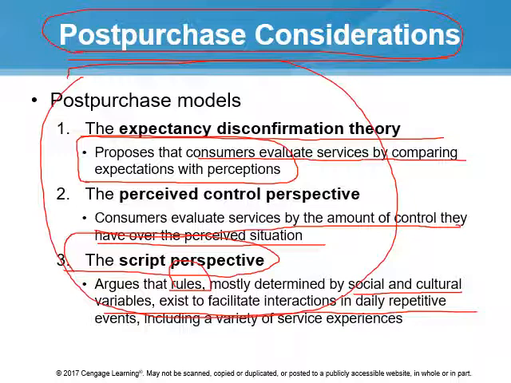The culture, the age differences, the demographics, the economic condition, everything contributes towards the rules and regulations. That's why in Pakistan we have different kinds of rules followed by service organizations, but these rules are not exactly standardized all over the world. I'm going to give you certain examples to help you understand the script perspective when we meet in the class.